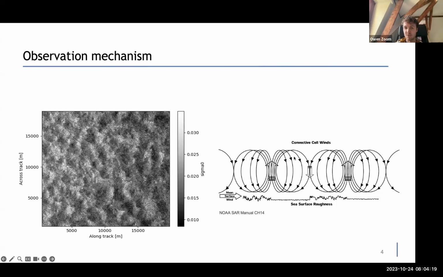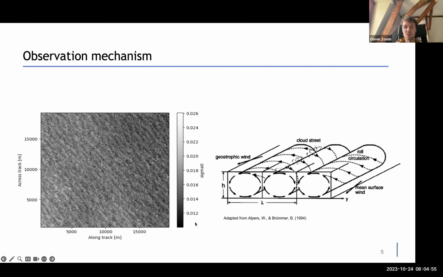And then conversely, on the other side of the cell, also downdraft, but this cancels out with the vector from our mean surface wind, so that we get patches of enhanced roughness, enhanced brightness, and decreased roughness and brightness. We can see that in our image where we have locally a bright patch and a dark patch. So this image is indicative of a particular type of atmospheric state in which we have these convective plumes in our boundary layer.